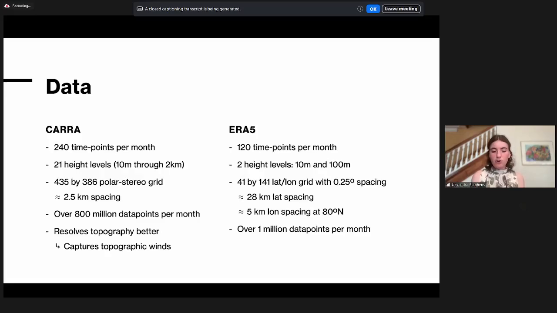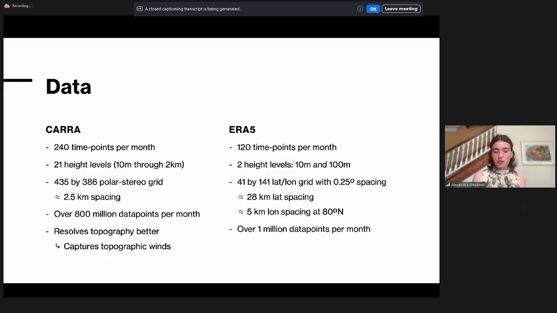The selected CARA grid is a 435 by 386 polar stereographic grid with approximately 2.5 kilometer spacing. The ERA5 grid we have selected contains 41 latitude rows and 141 longitude columns with a quarter of a degree spacing between them. This means the latitude rows are about 28 kilometers apart, whereas the longitude columns are approximately 5 kilometers apart over this region.